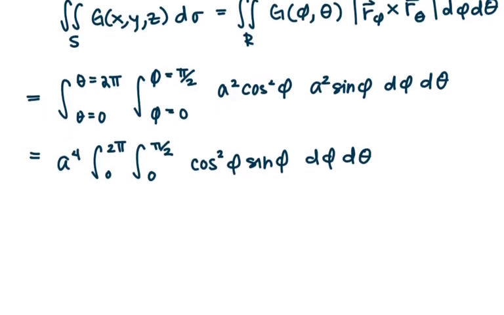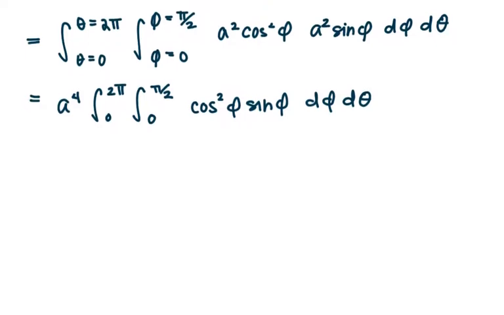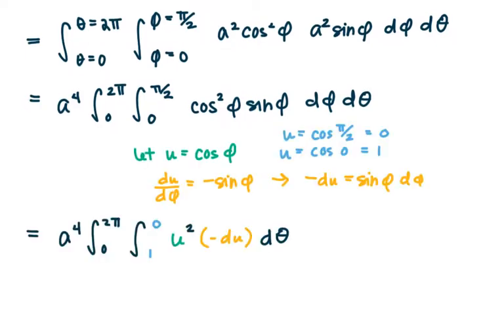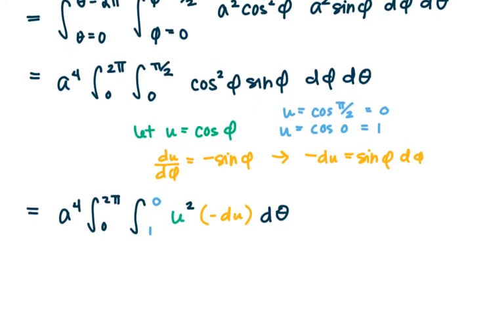So I'm going to let cosine phi be equal to u. Working through that substitution, u squared du, negative du is sine phi d phi. My bounds, pi over 2 becomes 0, 0 becomes 1. So those are reversed. Reversing them would negate the integral, but then a double negative, basically those will cancel each other out.